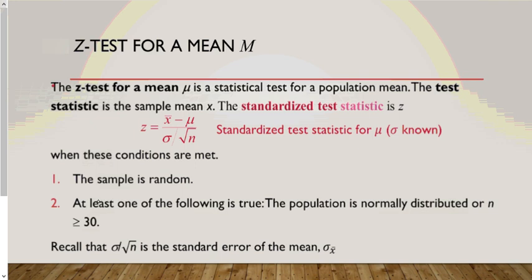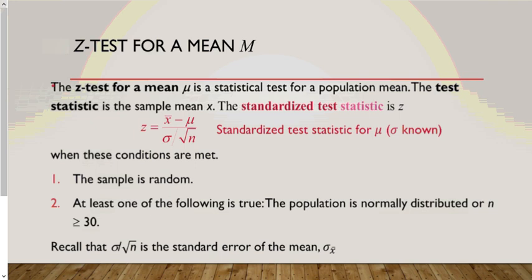So the sample has to be random. If you're selecting a sample that's not random, then this doesn't really work. If you're using a convenience sample, you're doing something else, we just don't do that. Not a lot you can tell if you're not doing some type of a random sample.